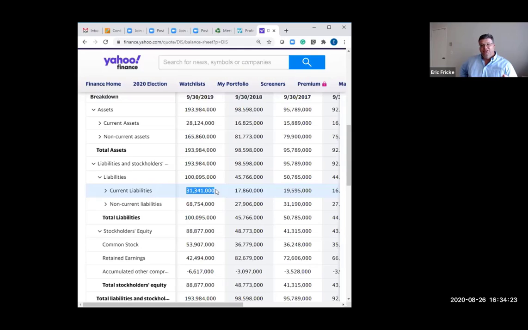Let's say the person who sold you the dried fruit said, don't worry about paying me now, pay me once your customers pay you. So he gives you the dried fruit, you wait a couple months to sell it all, your customers pay you, and only then do you go back to your supplier and pay them. In effect, you didn't even have to have any cash in the business at all. That's an example of negative working capital. It's not normal for a lot of companies, but maybe Disney's a unique company.